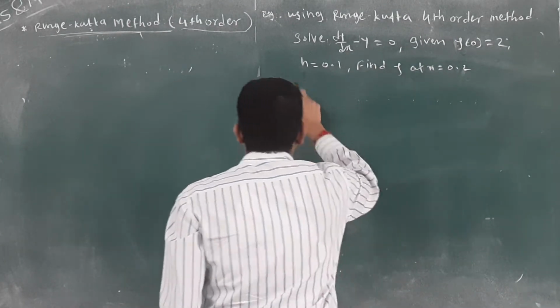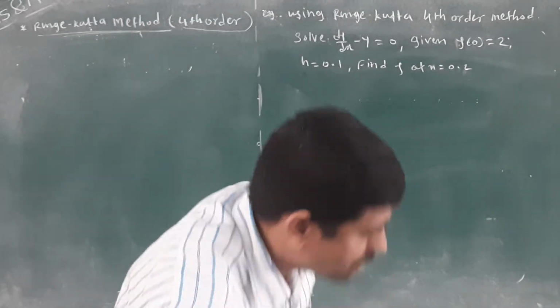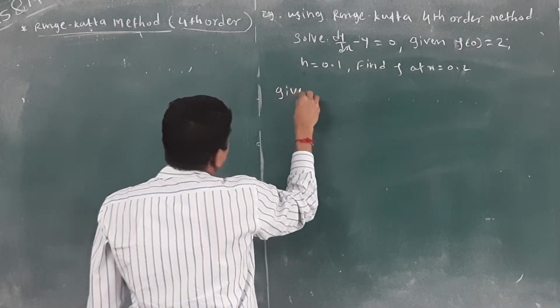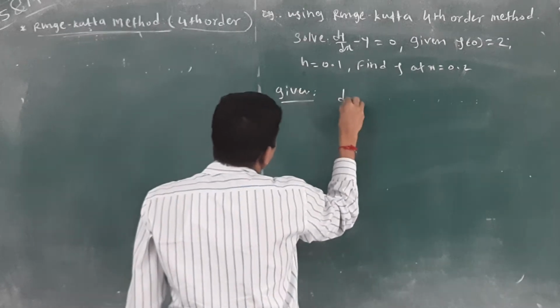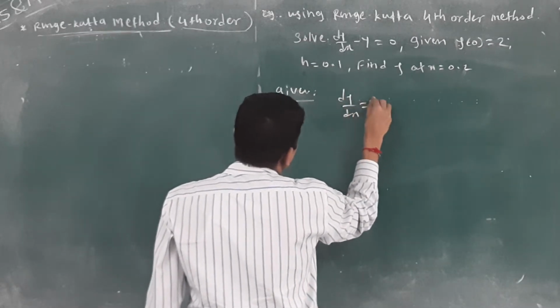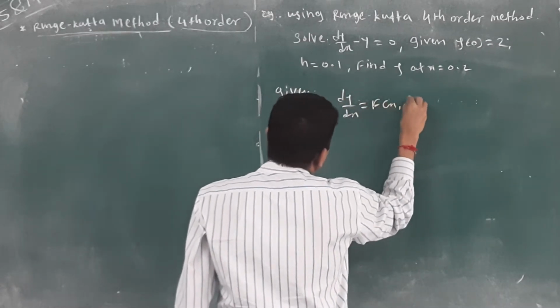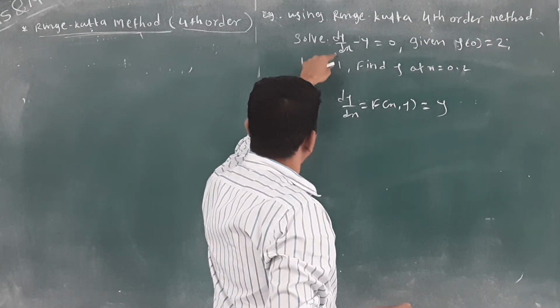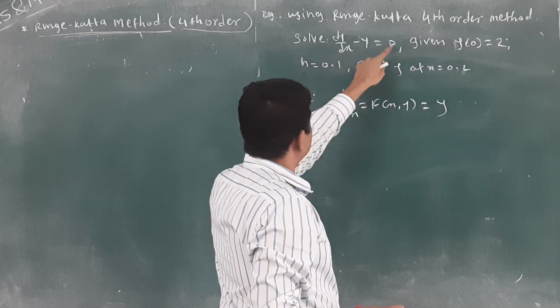What is the given data? Anybody can tell me? You have given the function dy by dx is equal to f of x, y. Here dy by dx minus y is equal to 0.